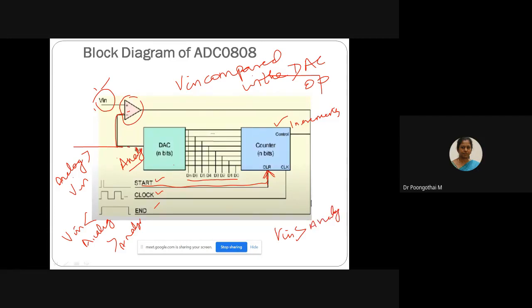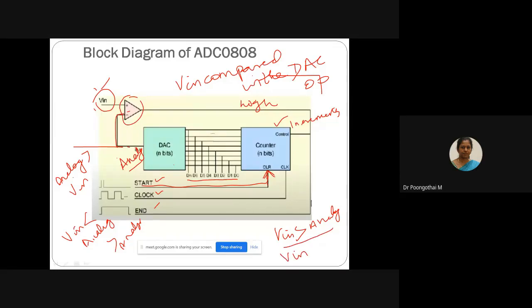In that case, the counter will be incremented again because the comparator sends a high output. When Vin is greater than the analog output, the comparator sends a high output, which enables the counter to count further. So the counting operation proceeds because the comparator generates a high pulse to the counter.